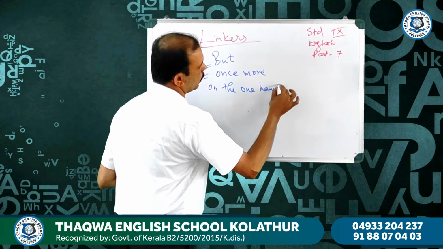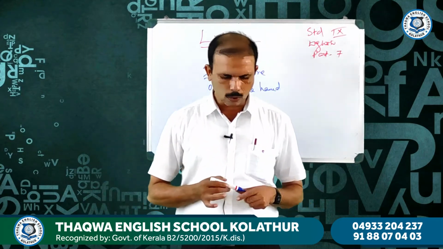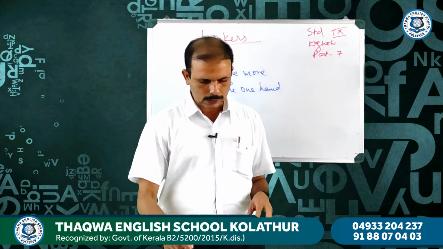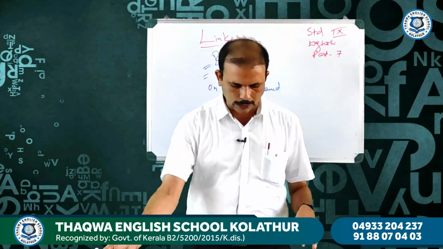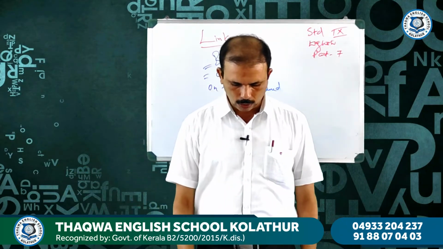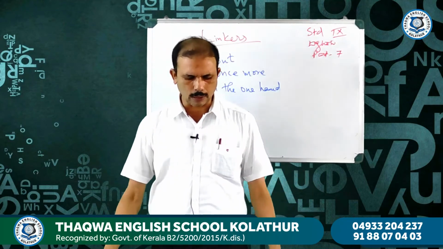What happens to the sentence? It becomes more readable and more meaningful. So what is it? On the one hand, on the other hand, he belonged to a middle class family. So that means it becomes more readable.